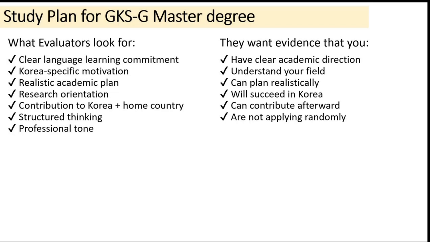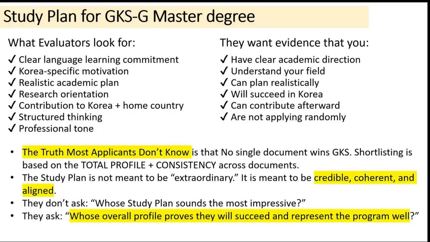They want evidence that you have clear academic direction, you understand your field, you can plan realistically, you will succeed in Korea, you can contribute afterward and are not applying randomly. Each of these aspects will be judged through the various documentation and other ways they will be checking.